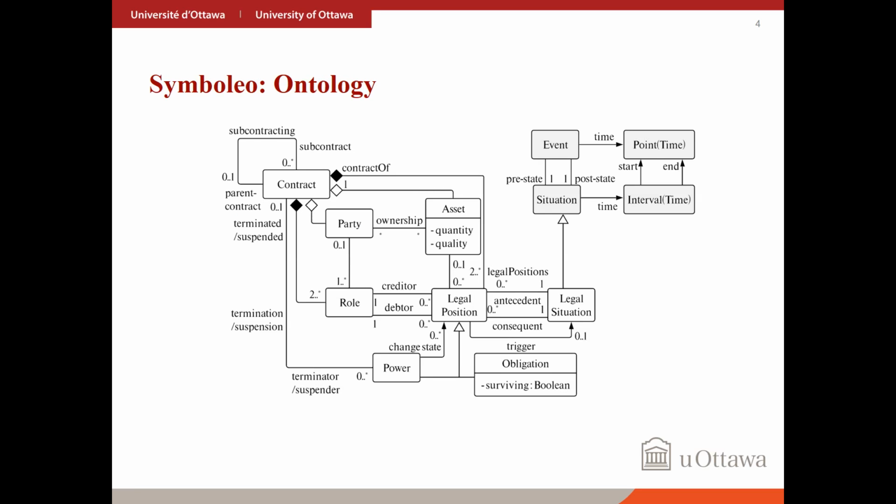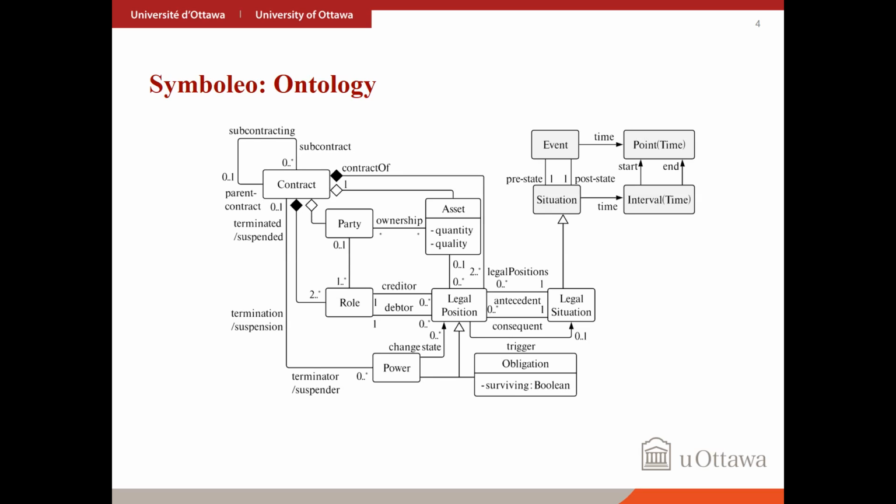The basis of Symboleo is a legal ontology which shows essential concepts and relationships. It's a roadmap for the syntax and semantics of Symboleo. As Symboleo's ontology shows, a legal contract is a collection of obligations and powers between two or more roles. A contract is concerned with at least one asset, like money or goods, from each contractual role, like seller or buyer.